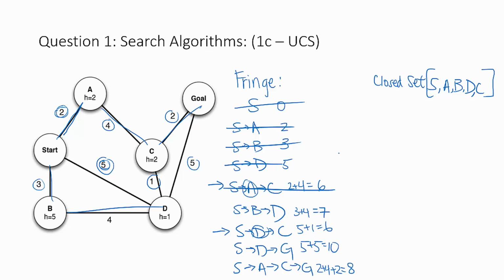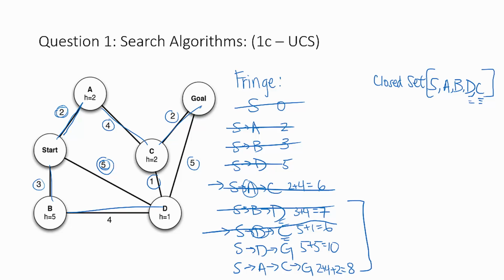Okay, good. So these 4 paths are left on the fringe. S to D to C is the cheapest, but C is already in the closed set. So let's take that off and not expand that. S to B to D is next cheapest, but this D is already in the closed set. So similarly, we don't need to expand that.